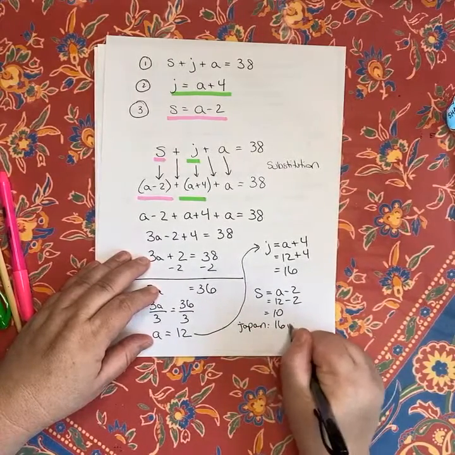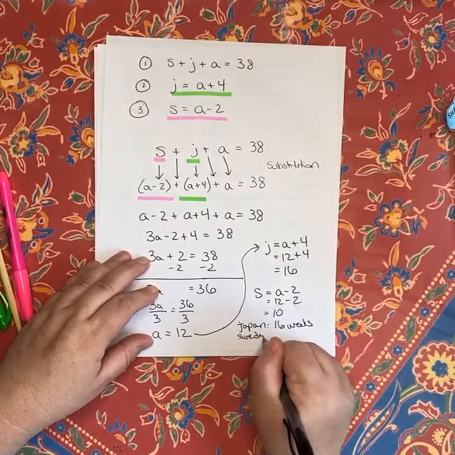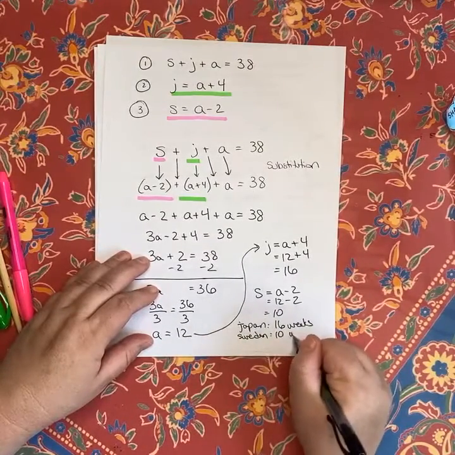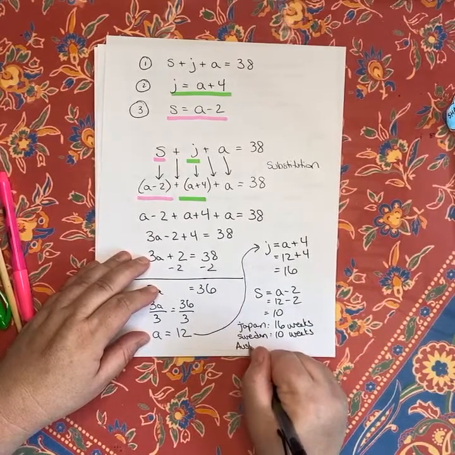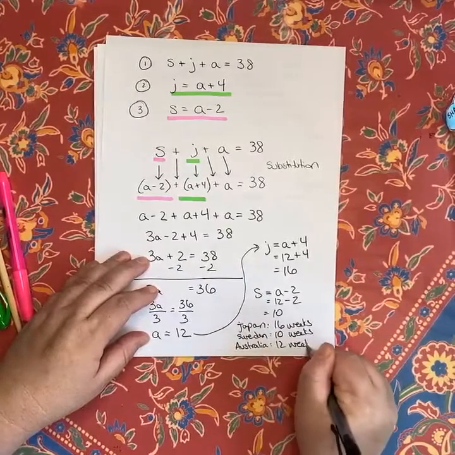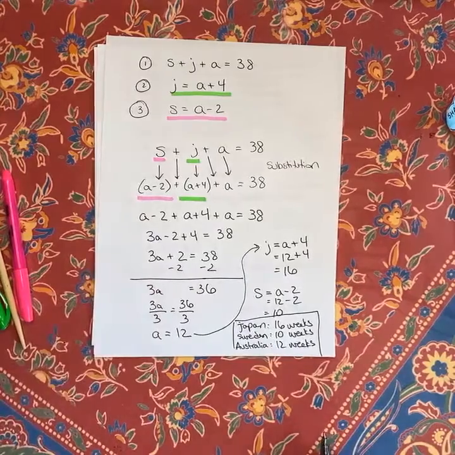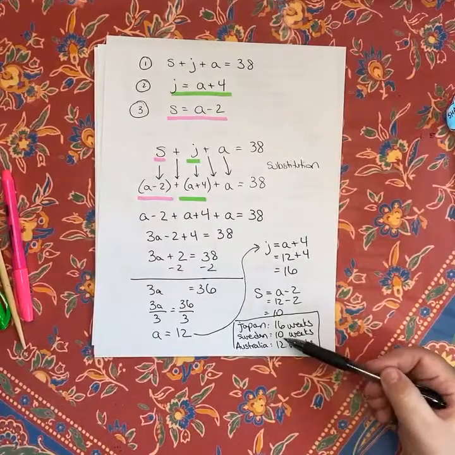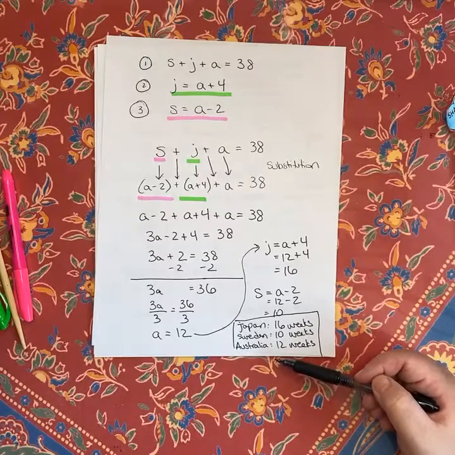Japan was 16 weeks. Sweden was 10 weeks. And Australia was 12 weeks. Woohoo! Now we can do a quick check. 16 plus 10 is 26, plus 12 is 38. Woohoo!